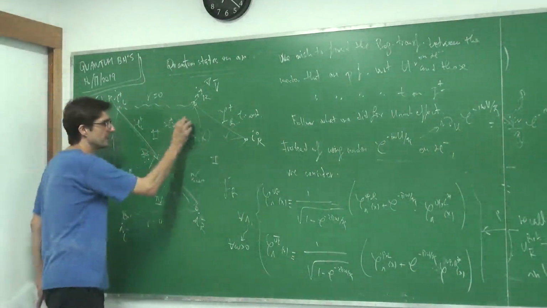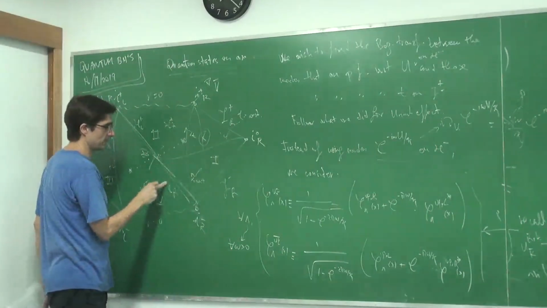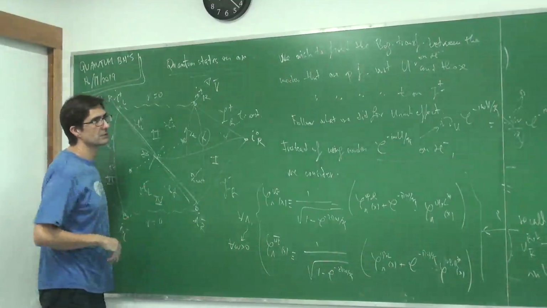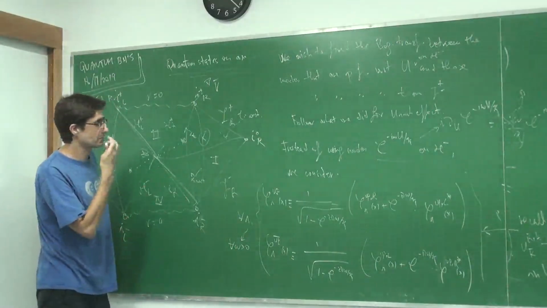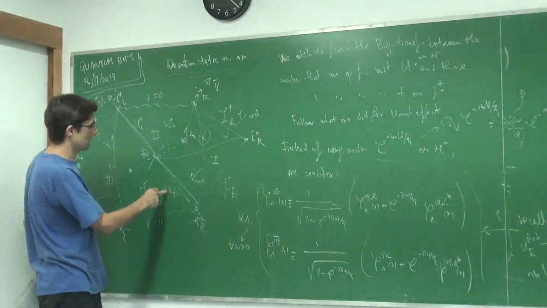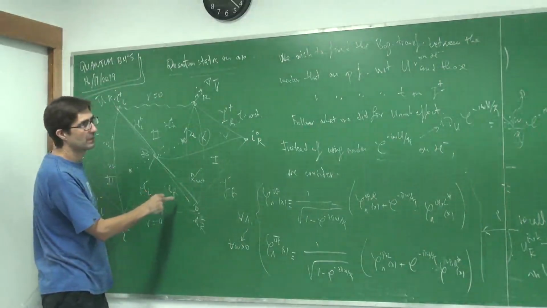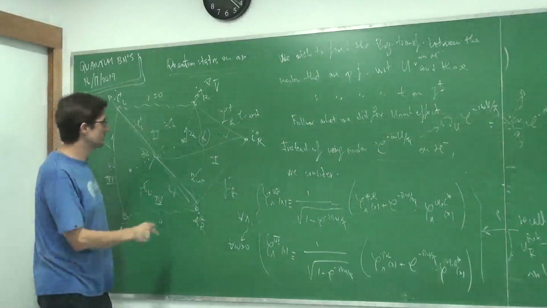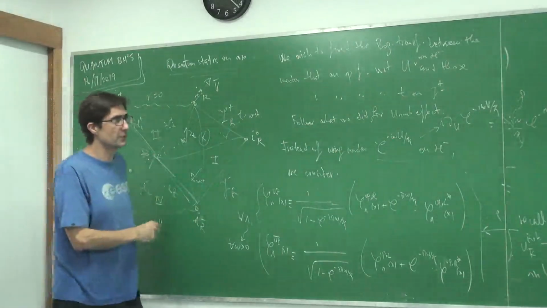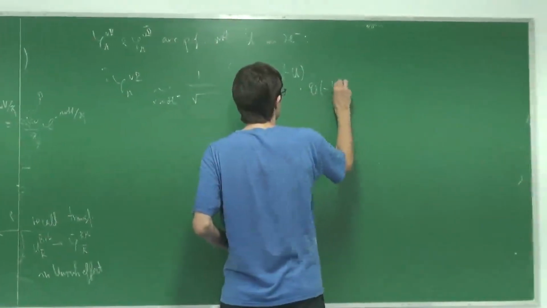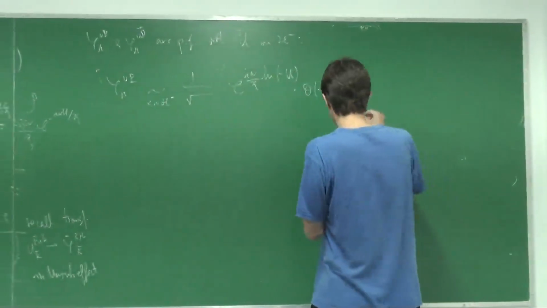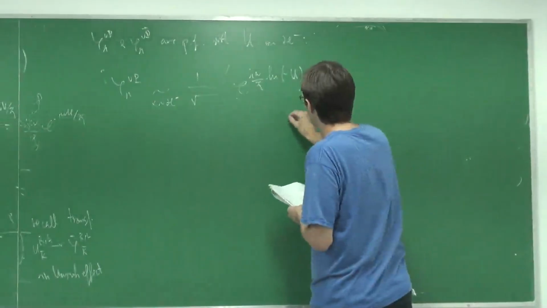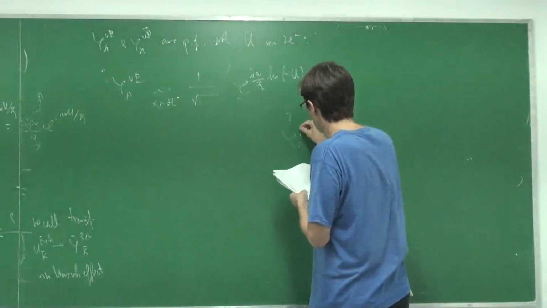So we want to indicate that's only true for U negative. So we want to put the theta of minus U. So this is the behavior of phi lambda up R.